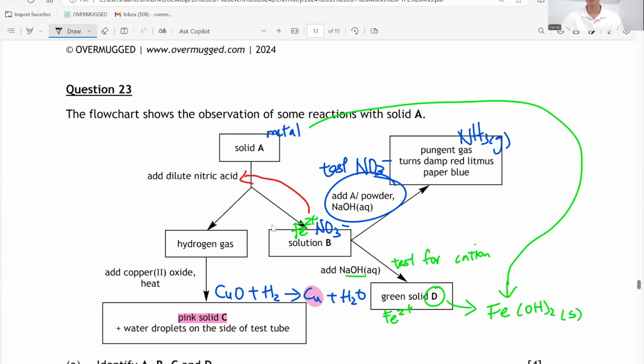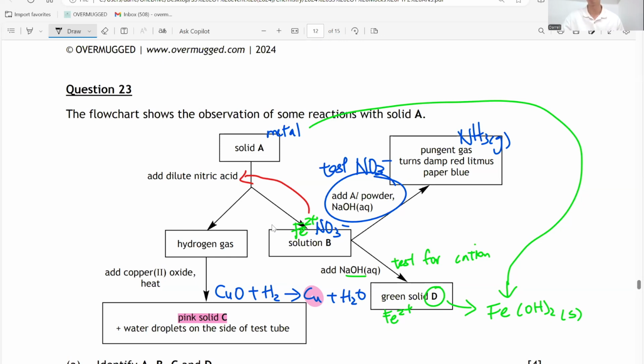Next, we see over here we have solution B. When we add in sodium hydroxide, we get a green solid. Now I want you to recall, in QA, when we add in sodium hydroxide, we are testing for cations. And when would I get a green solid? If Fe2+ was present. So the NaOH here, we are mainly looking at the OH- coming together with the Fe2+ to form your insoluble iron hydroxide.